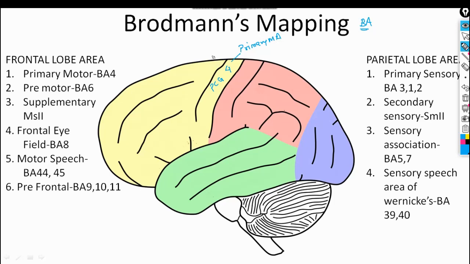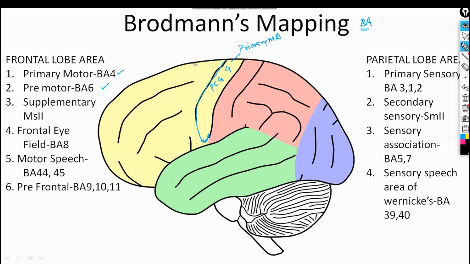Before I go ahead, let me clarify: these Brodmann areas do not exactly follow the sulci and gyri. They do follow, but with little deviation and variation. So this primary motor area extends this way, and like this way. Clear? Now the next area is the premotor area.